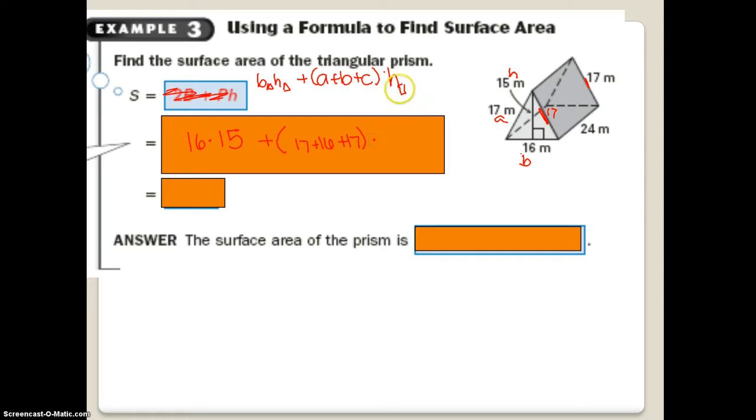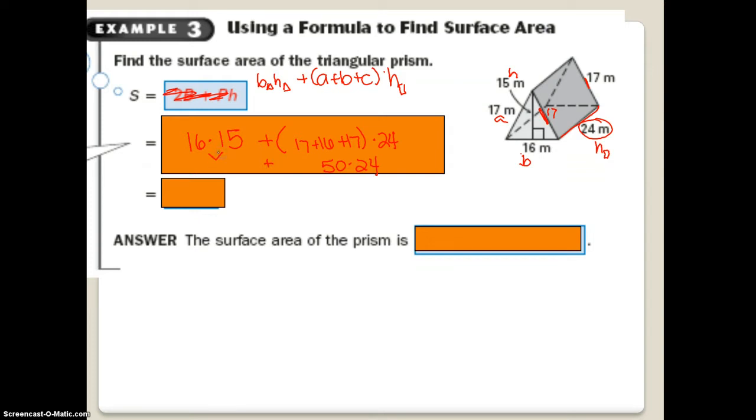Now, the height of the prism connects the two bases. So it connects this triangle to the triangle on the other side, which is this number right here. That's the height of the prism, times 24. Do parentheses first, so 17 plus 16 plus 17, and you will get 50. Next, do your multiplication.